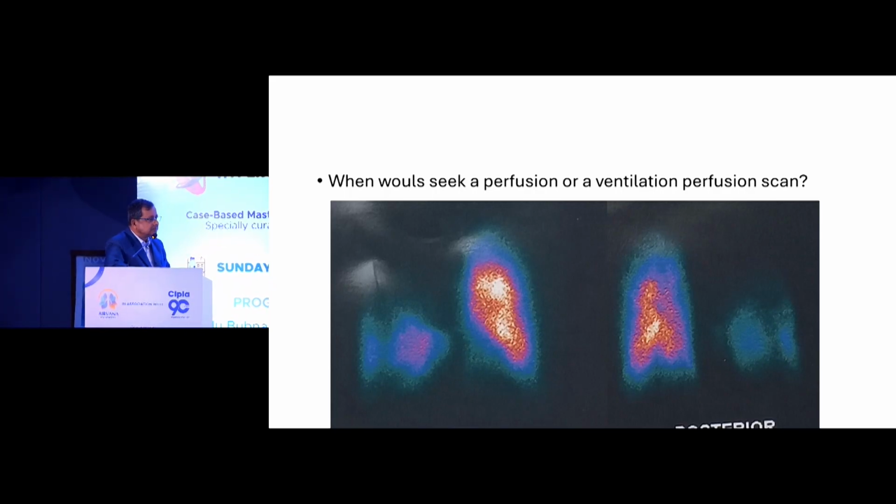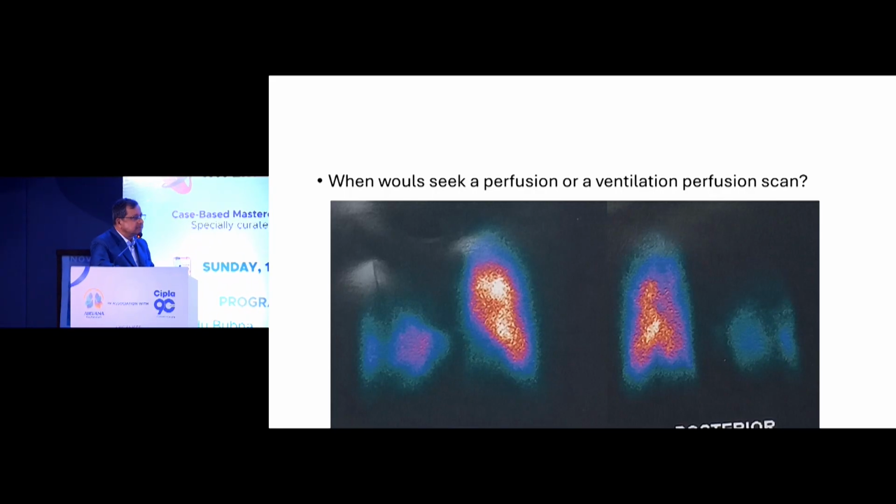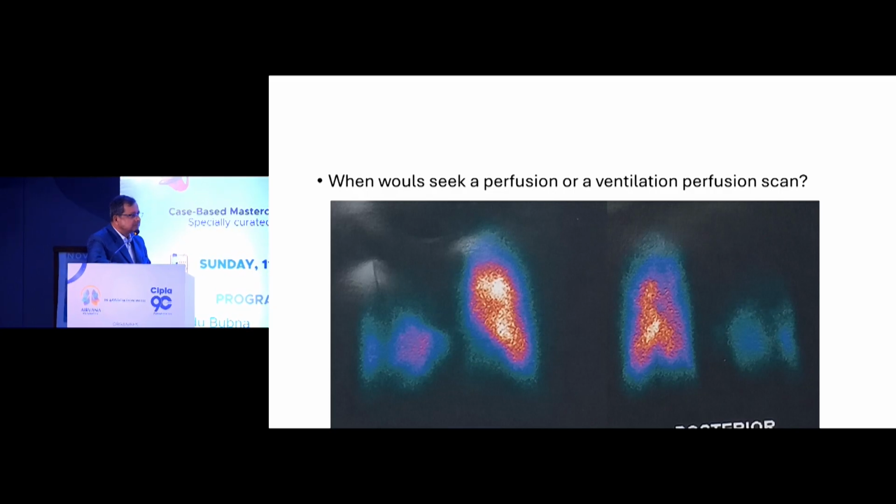And the VQ scan will pick up even emboli at a lower level, which may be missed on a CTPA. So you should do it when looking at pulmonary hypertension which has not been explained.